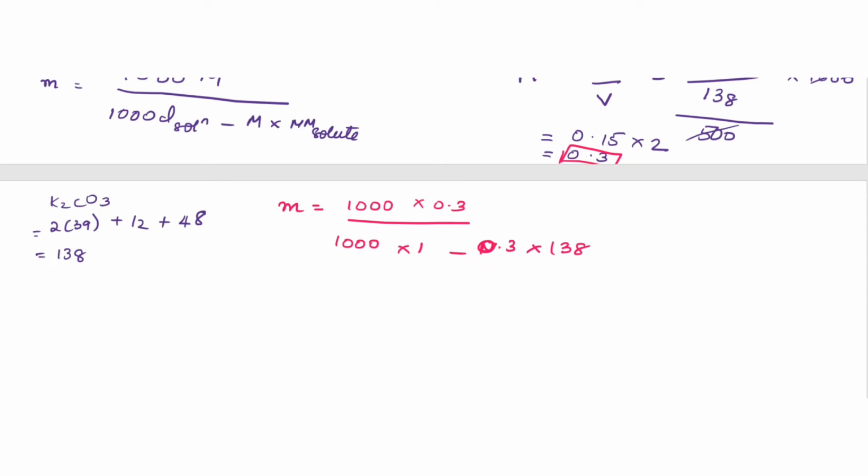So 300 divided by 1000 minus 41.4. Alright, so what do we get for molality? The final answer we get is 0.313 molal. That's the final answer. So did you find how simple the entire question became?